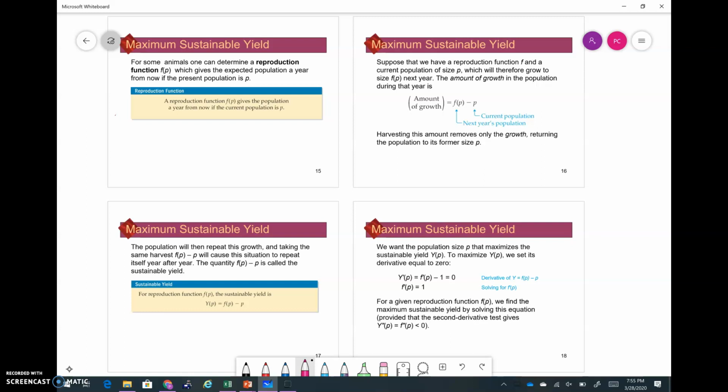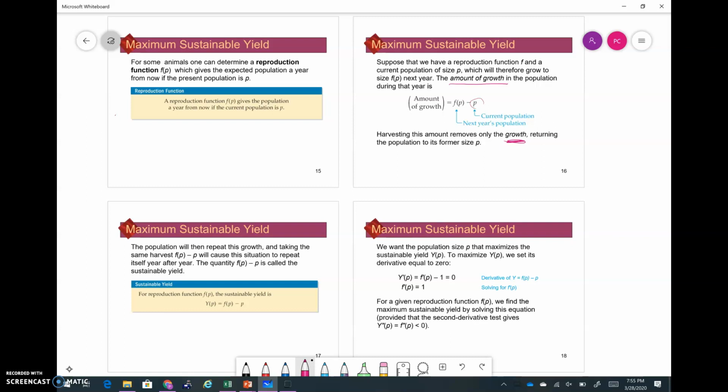Then this is going to grow to size f of p next year. So the amount of growth that's taken place is f of p minus p. Harvesting this amount removes only the growth, which returns the population back to its former size p.